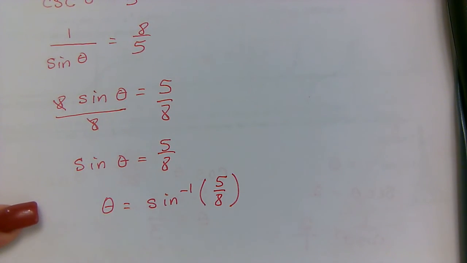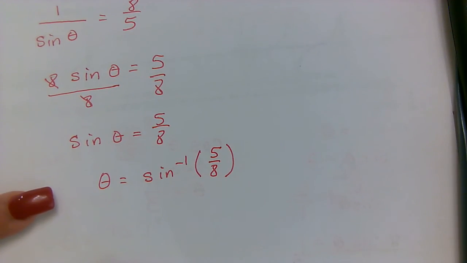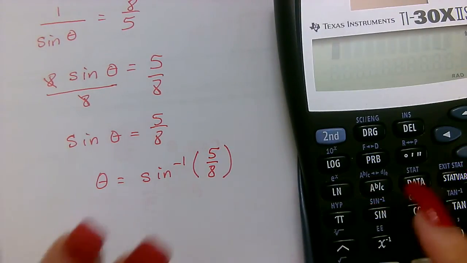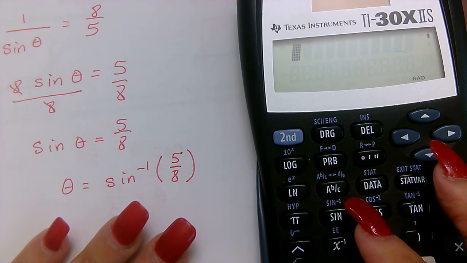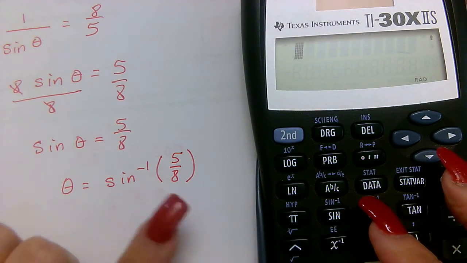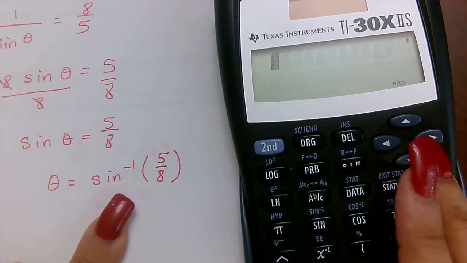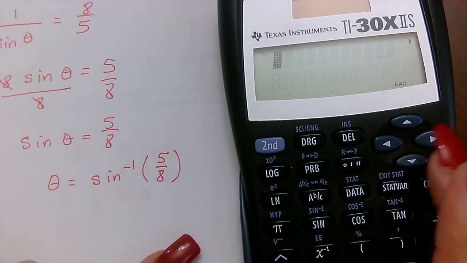Okay, now what we're going to do is we are going to plug that into the calculator, also realizing which quadrant we are in. In this particular case, this ratio is positive, so our arc sine will also be in quadrant 1.